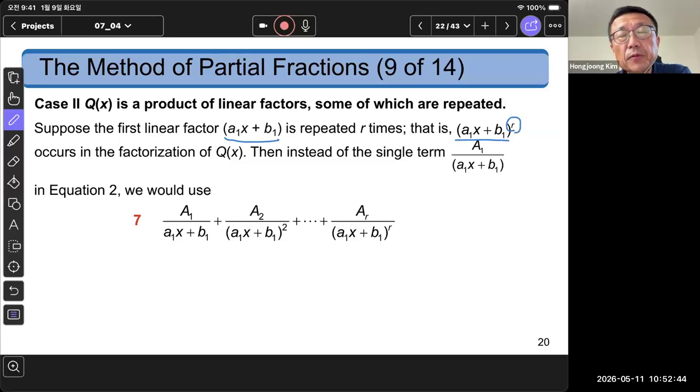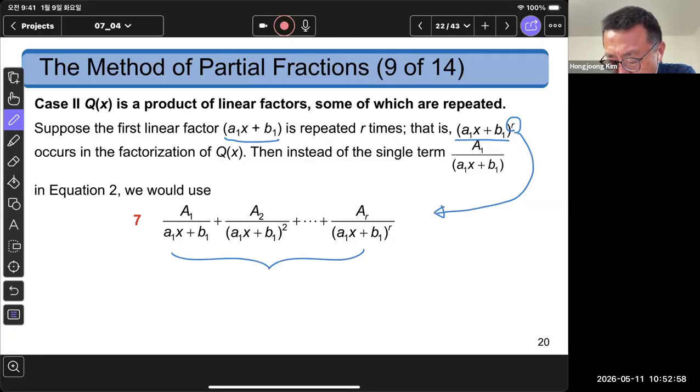If such a term exists, then this a1x plus b1 to the r will introduce a sum of r partial fractions.